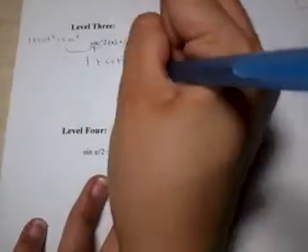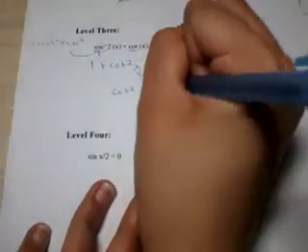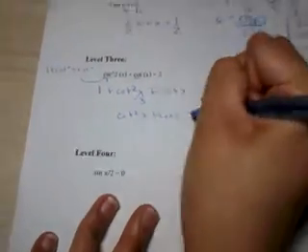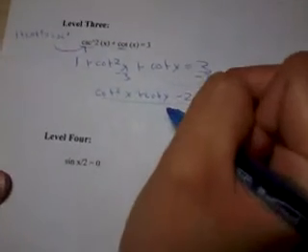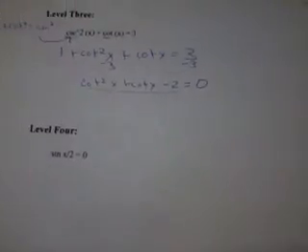And then we're going to move everything to one side. So we're going to subtract 3, and we get cotangent squared x plus cotangent x minus 2 equals 0. So now we see that we have formed a quadratic equation, so we're going to have to factor it. To make it easier, we're just going to use a substitution.